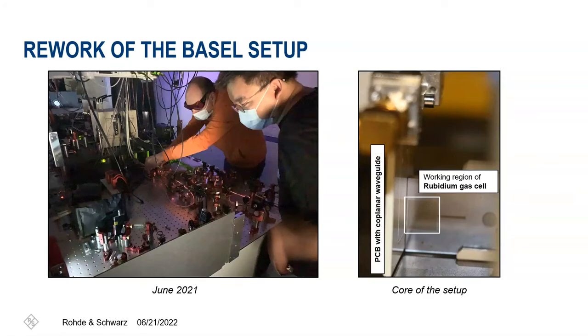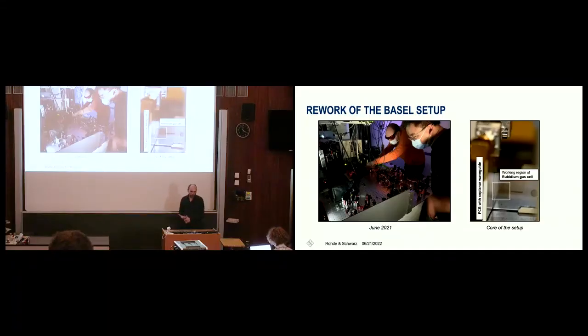You see the rubidium gas cell, which is located above a big magnet. And you see that we moved a PCB coplanar waveguide very close to the cell. So if we apply a radio frequency to this waveguide, the field created by the waveguide will overlap with the rubidium atoms and will interact with the rubidium atoms in the cell.